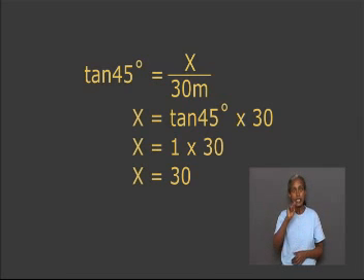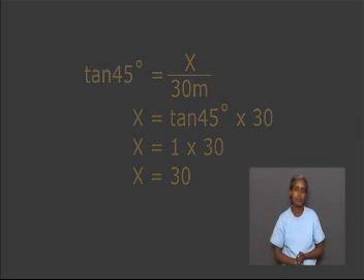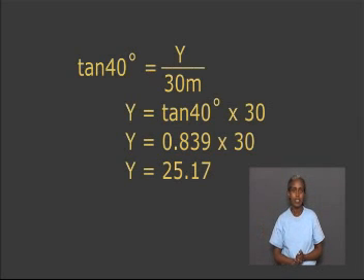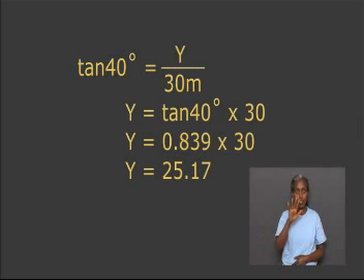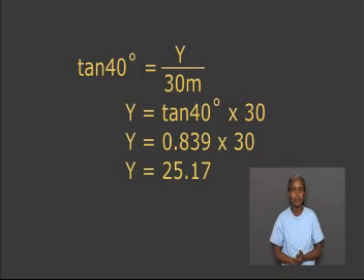The tangent of 45 degrees is equal to 1. So when we multiply that by 30, we are left with 30. The tangent of 40 degrees is equal to 0.839.